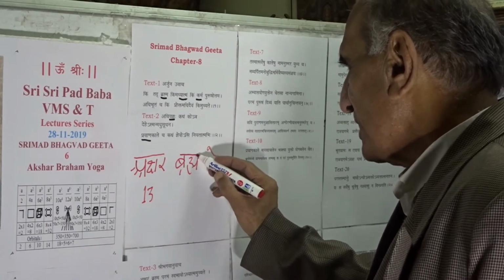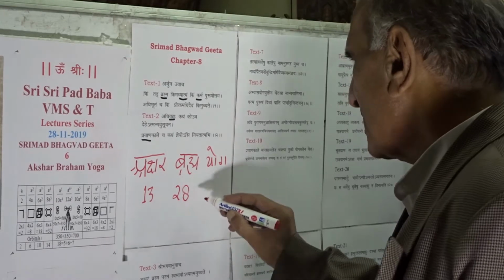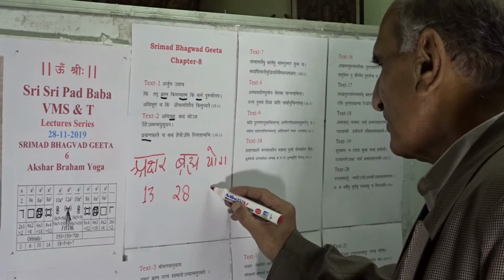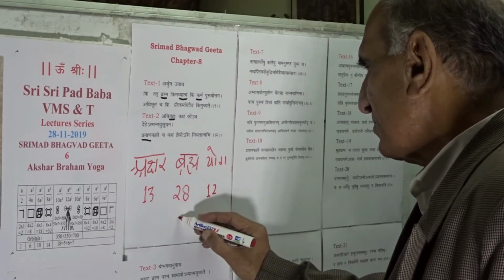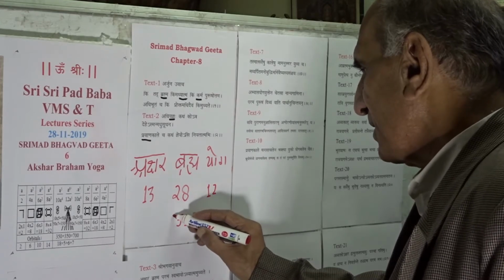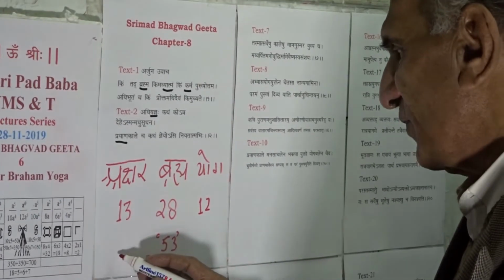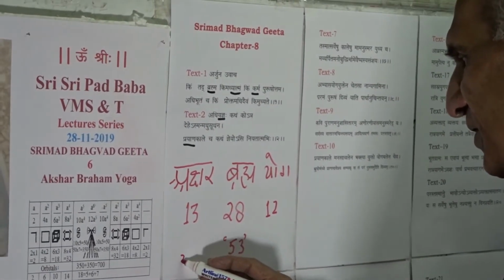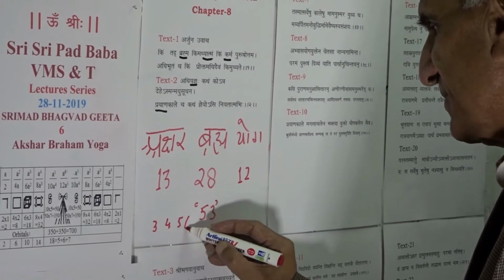Brahm is of TC value 28 and Yog is of TC value 12. Together these make value 53, which is the value of the synthesis of a pair of solid dimensional ranges.